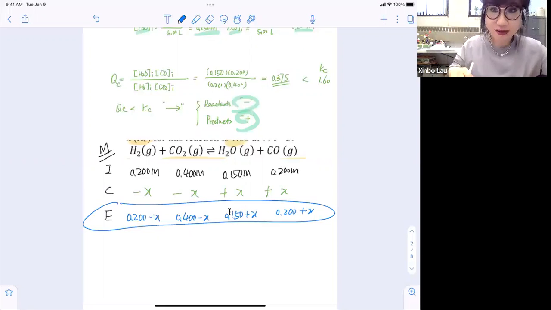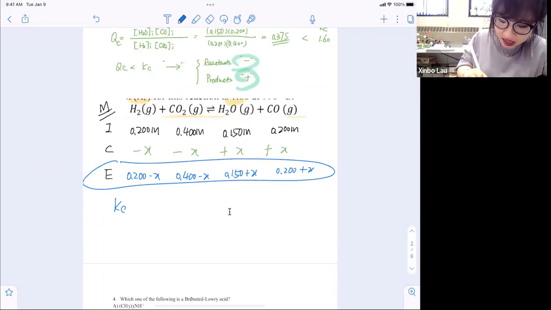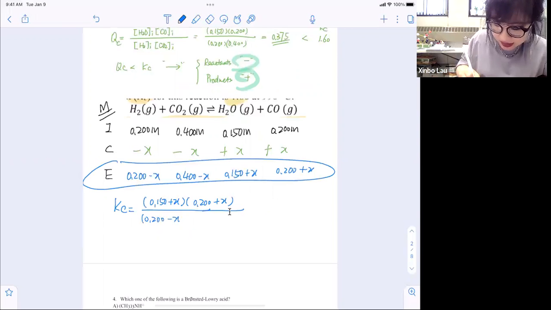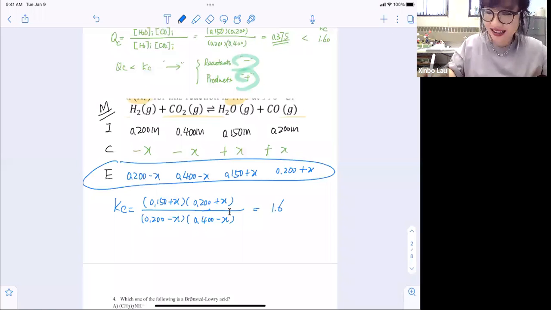We can express Kc. Kc equals products, 0.150 plus x times 0.2 plus x, divided by 0.2 minus x times 0.4 minus x, which equals 1.6. Now what?